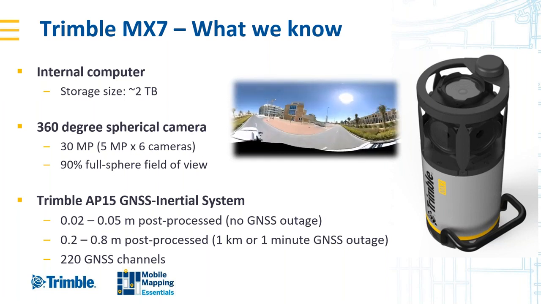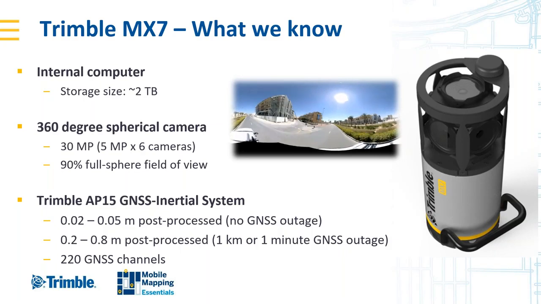And then we have a Trimble Applanix GNSS system in there that's giving us, in the best case scenario, with no GNSS outages, accuracy down to the 2 to 5 centimeter level. Obviously, it's a GNSS based system, so it does depend upon your GNSS environment.